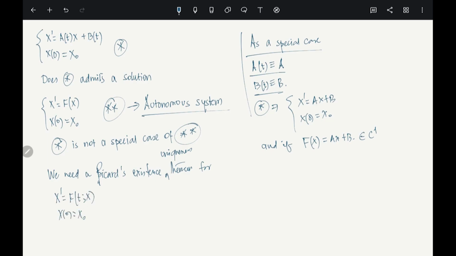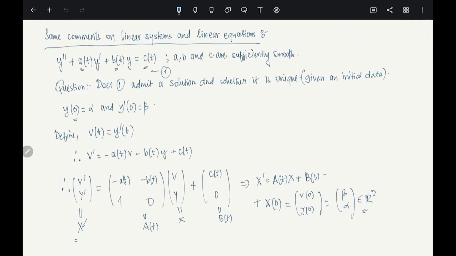If we know that there is a Picard existence uniqueness theorem, that a solution exists and is unique for the system hash, then you can define f of t, x to be A(t) times x plus b(t). Then you can use Picard's theorem to say that star has a unique solution in a neighborhood of 0.